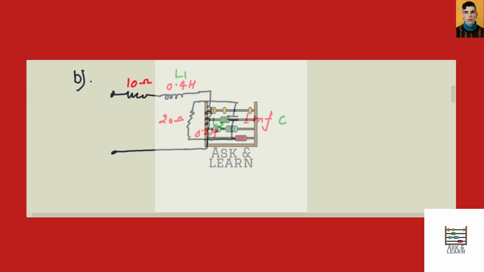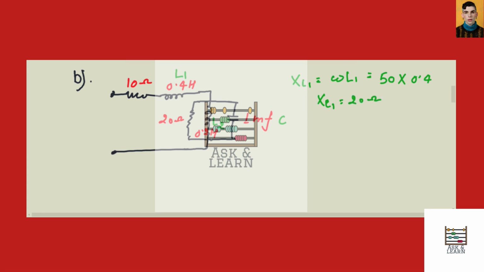So I'm just finding the value of XL1 first. XL1 is equal to omega into L1. The value of omega is the same as in the first one. So this is 50 into the value of L1, which is 0.4. So XL1 is 20 ohm, right?